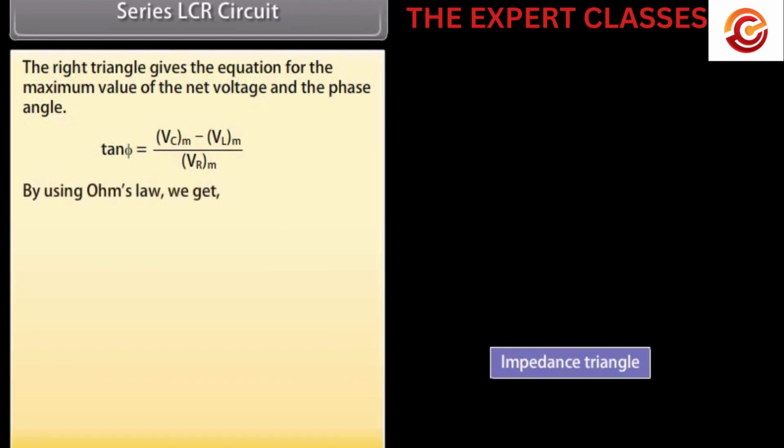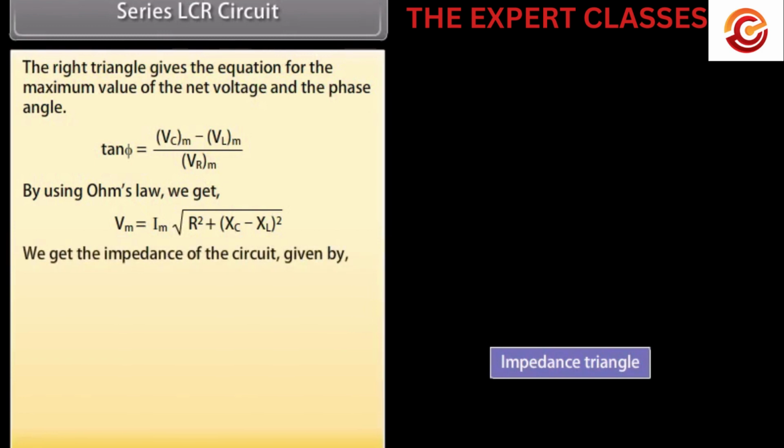By using Ohm's law, we get Vm is equal to Im multiplied by under root of R square plus XC minus XL, whole square. We get the impedance of the circuit given by Z equals under root of R square plus XC minus XL, whole square.